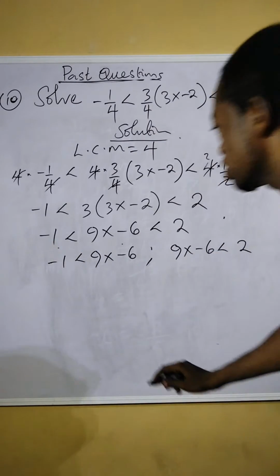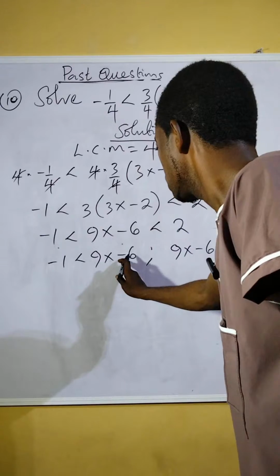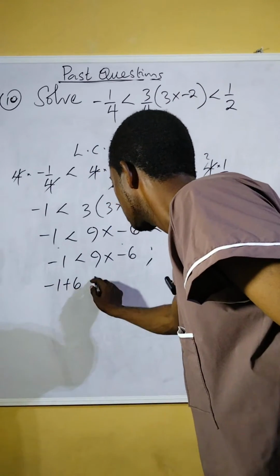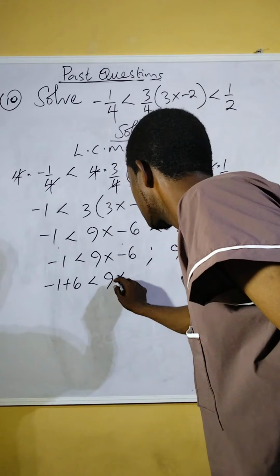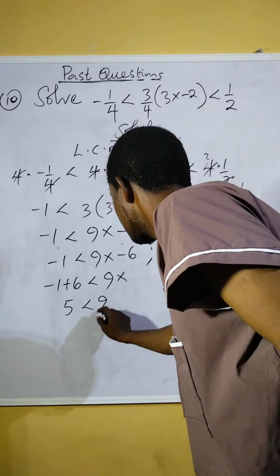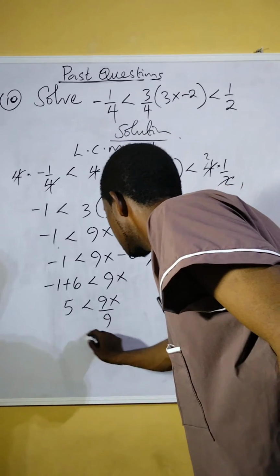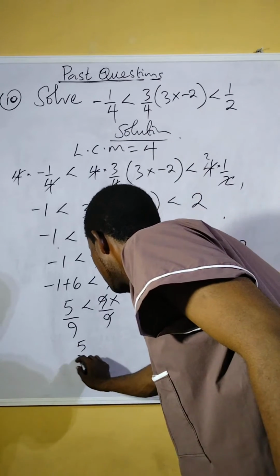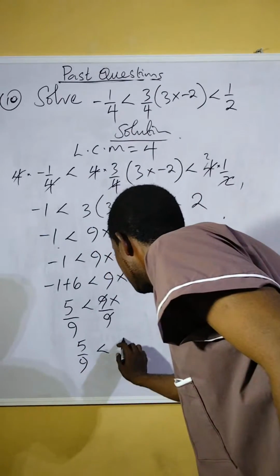That's how to handle this. Here we can bring minus 6 over, and it becomes plus. That's minus 1 plus 6 less than 9x. Minus 1 plus 6 is 5, less than 9x. Divide both sides by 9, so the 9s cancel each other, and 5 over 9 is less than x.